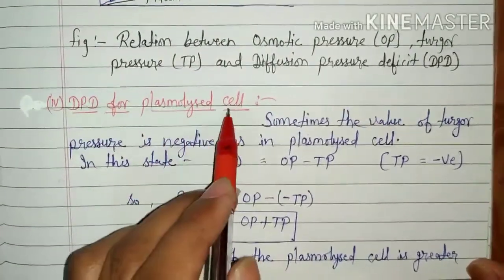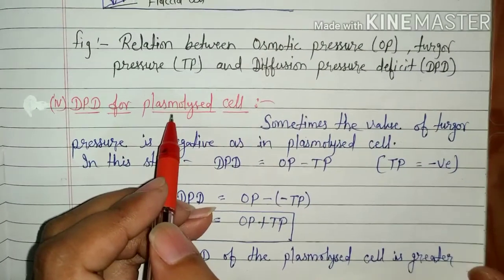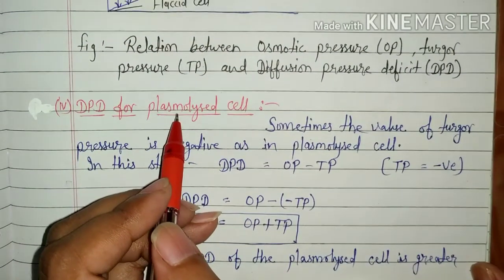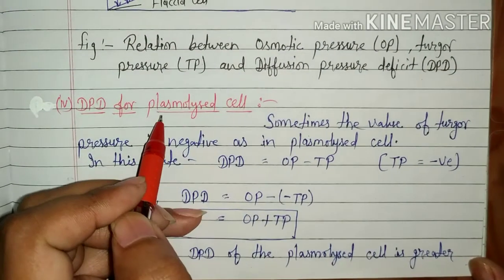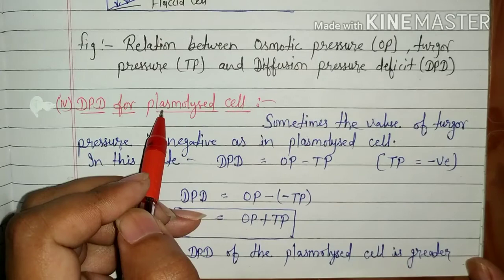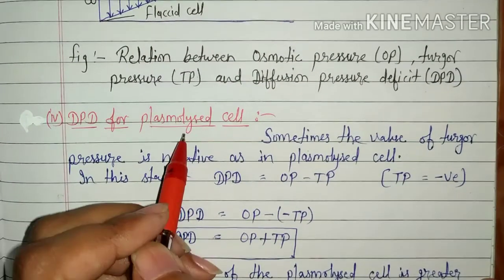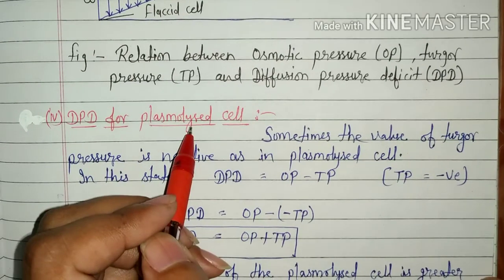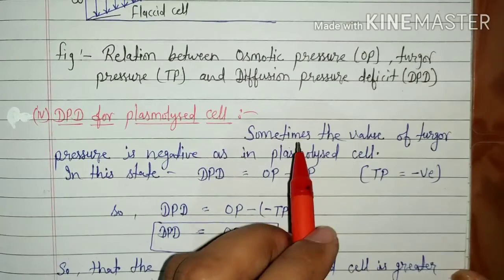Next condition, DPD for a plasmolyzed cell. Plasmolyzed cell means that due to the exosmosis process, there is loss of water molecules from the cell and water molecules go outside to the medium.